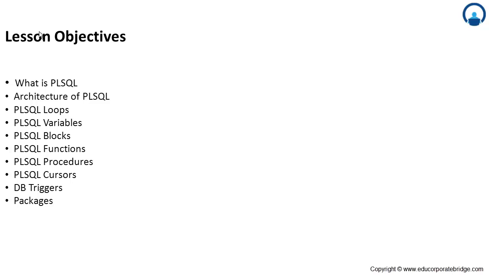Next one is PL/SQL procedures. Procedures are named program units. These are stored objects in the database, accessible from any front end or any platform, so they are called platform independent. Once declared in the database, you can access them any number of times. Procedures generally perform DML operations.